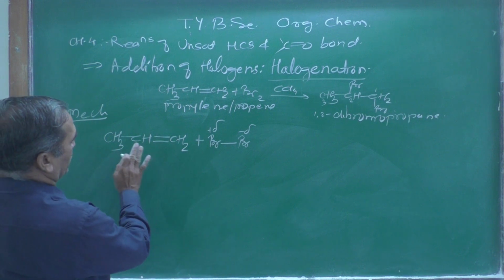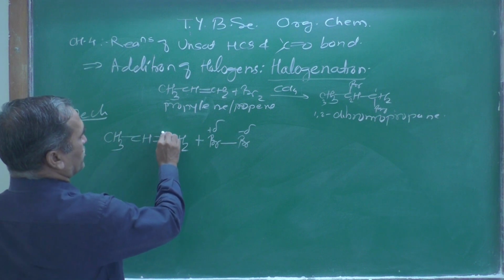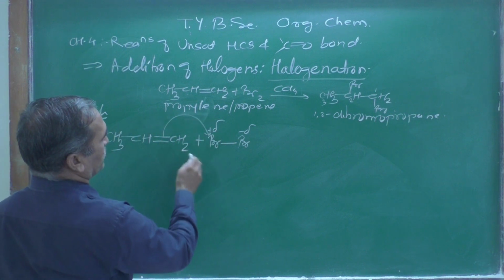Now this propylene acts as a nucleophile and attacks the first bromine.